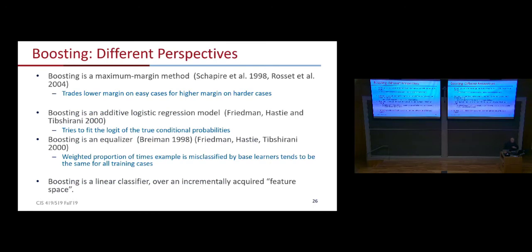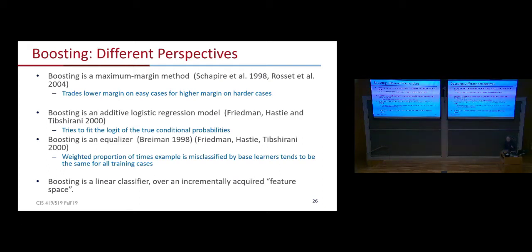Now, I also said that there have been thousands of papers written about AdaBoost, and it's been analyzed to death from different perspectives. So people show that you can view it as a maximum margin algorithm. People show that it has various statistical properties. I'm not going to spend time talking about it, but really from your perspective, think about it.